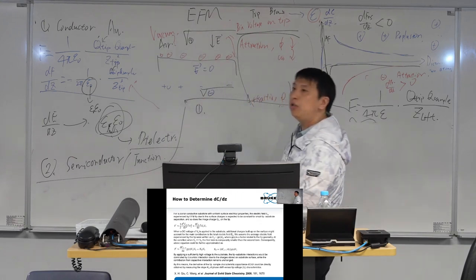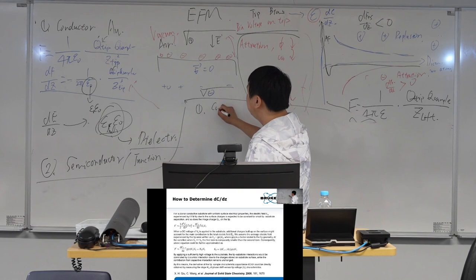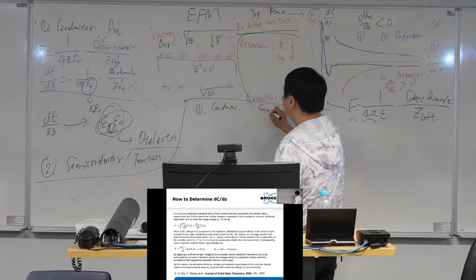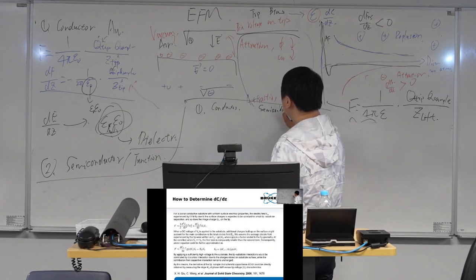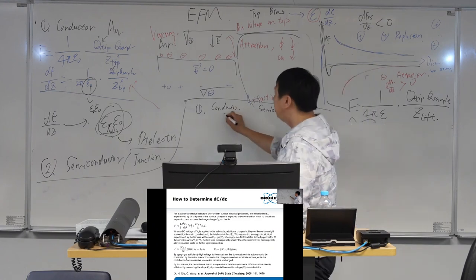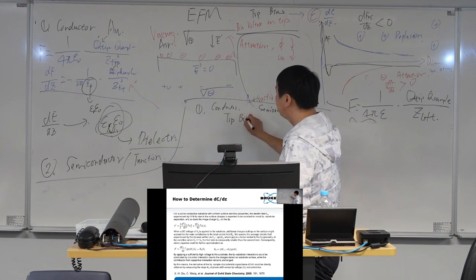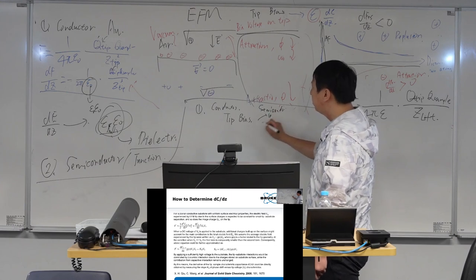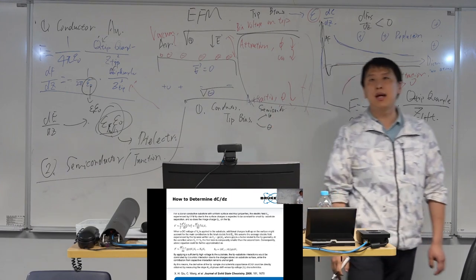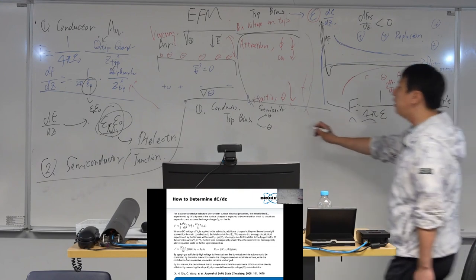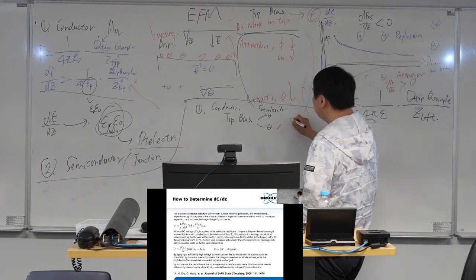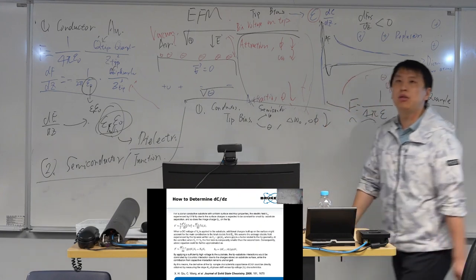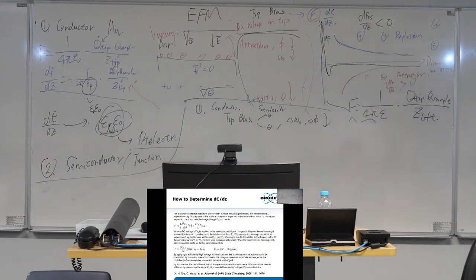First, if we are looking at conductor or semiconductor, we apply tip bias. And this tip bias, positive or negative, does not matter. And we will always detect the delta omega 0 and delta phi reduce because we are detecting attraction force.